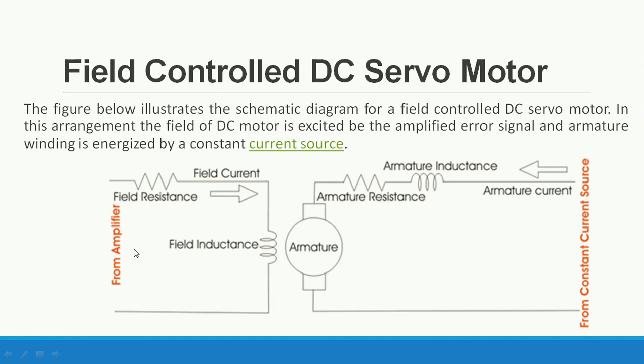Again, the field winding has an amplifier connected to it, which amplifies the error signal, and this error signal will be given to the field winding.